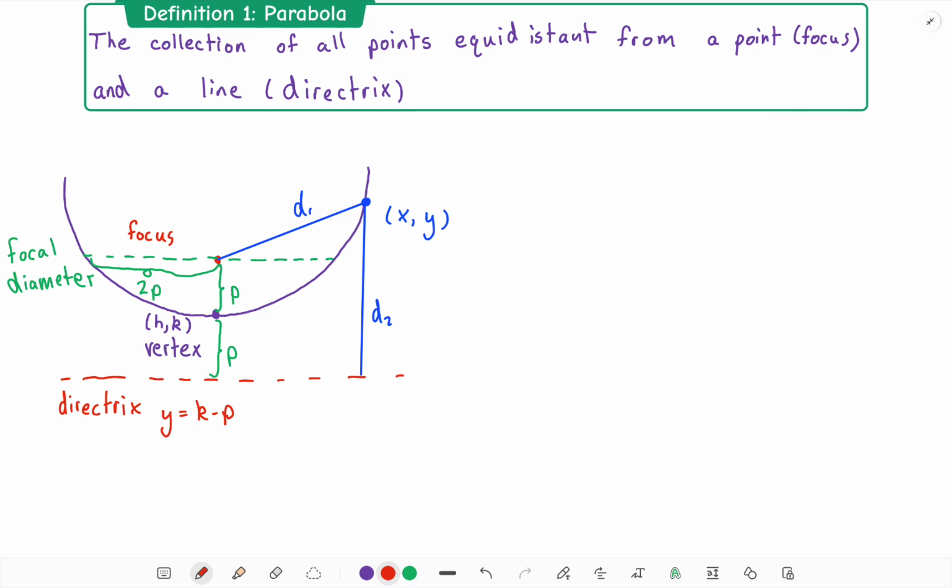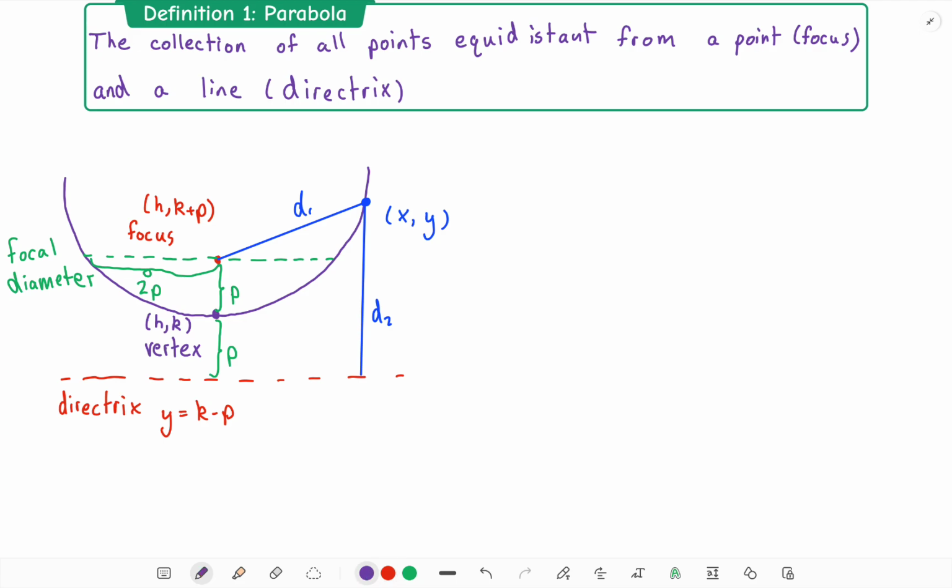It's because your y value keeps track of your vertical distance. And since I'm moving up and down vertically, that's why we get k minus p. Now, it is possible to have what's called a horizontal parabola, in which case the directrix would be x equals h minus p. But we will talk about that later. And then the focus, again, because it's directly above the vertex, will have the same x value, but the y value will be k plus p.